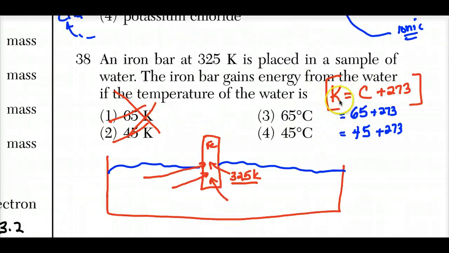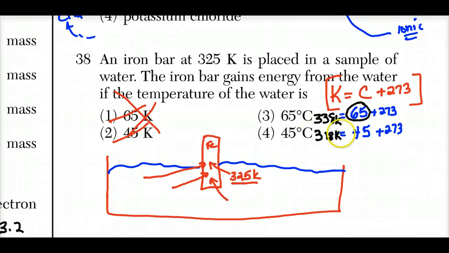So using our formula, Kelvin equals Celsius plus 273. I'm going to plug in for my Celsius, 65, my choice 3, plus 273. That gives me 338 Kelvin. And 45 plus 273 gives me 318 Kelvin.